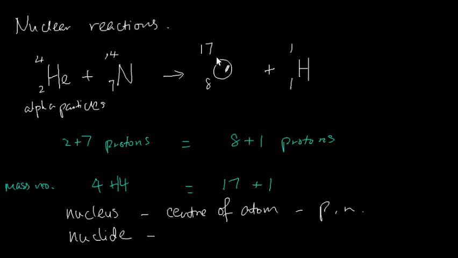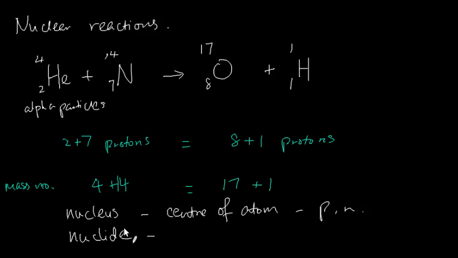So when we just say the nucleus of an oxygen atom, for example, all we know is that it must have 8 protons, but we won't know whether it has 16 or 17 or how many neutrons exactly.